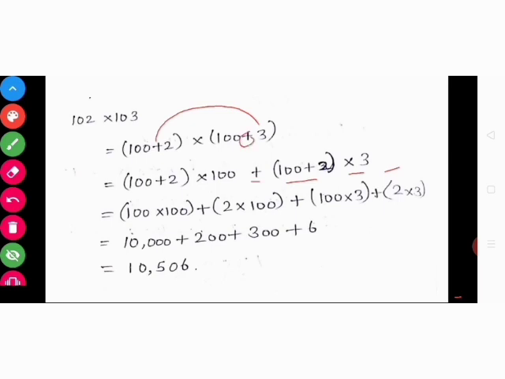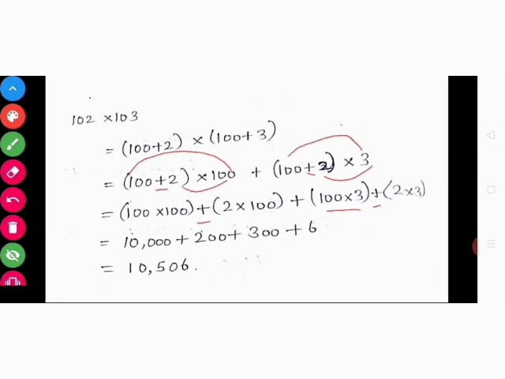This plus sign you want to put in between. And then next, 100 into 100 plus 2 into 100. Next, 100 into 3 plus 2 into 3. Okay, children? So, everything we expand in these brackets.